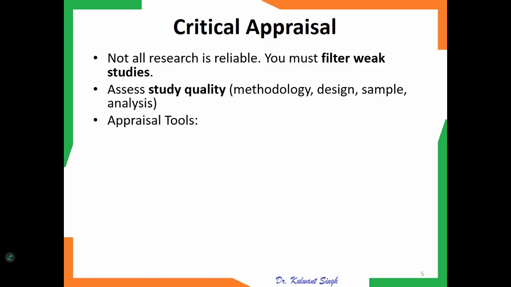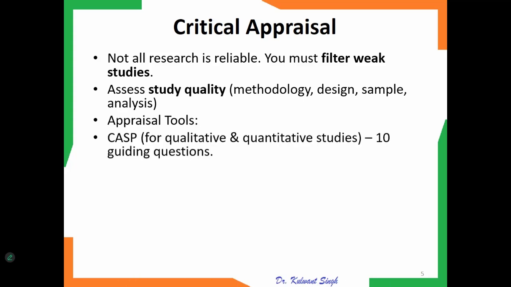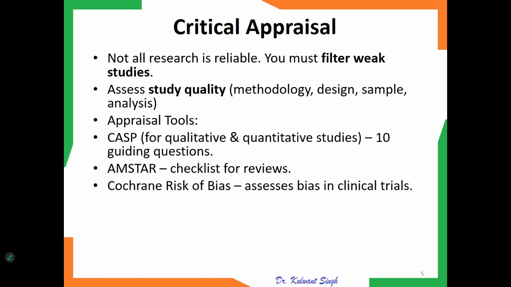Now, which tool can we apply to check the quality, or how do we ensure that a paper is good? What should be the criteria, any parameter, any concept, any theory we will apply? There are three tools, or strategies, we use. First is CASP, for qualitative and quantitative studies.